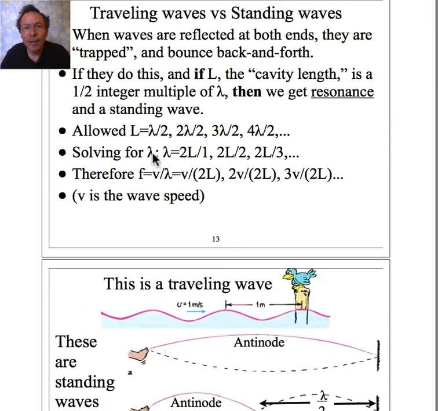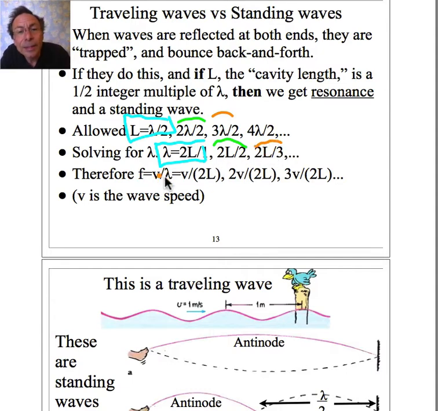Now, doing a little bit of algebra, you can work out what the wavelengths can be. For example, L equals lambda over 2 leads you to lambda equals 2L. L equals 2 lambda over 2 leads you to lambda equals 2L over 2. L equals 3 lambda over 2 leads you to lambda being 2L over 3, and so on.